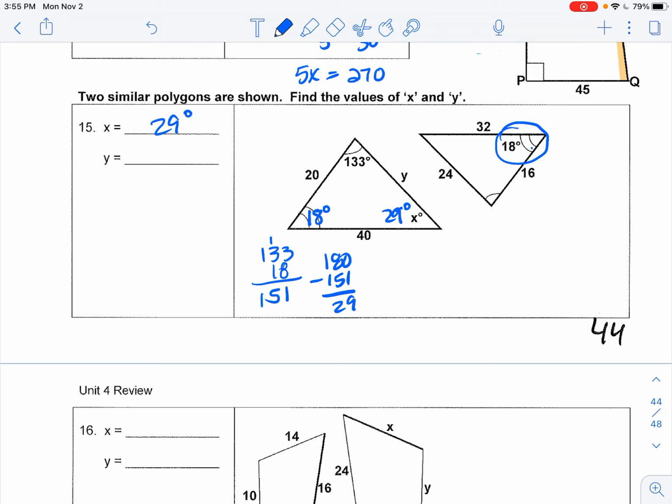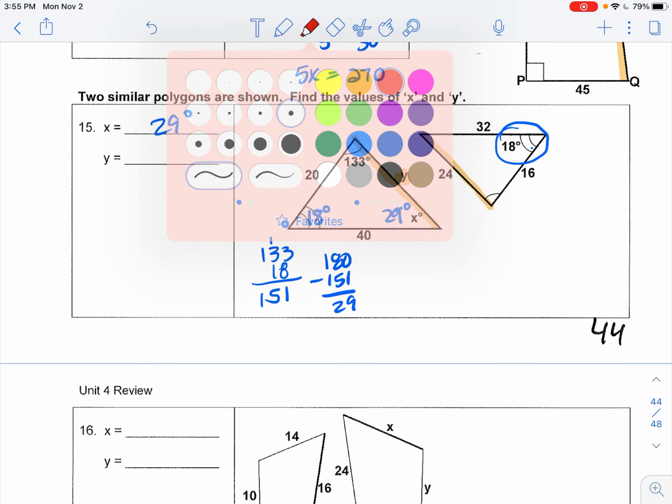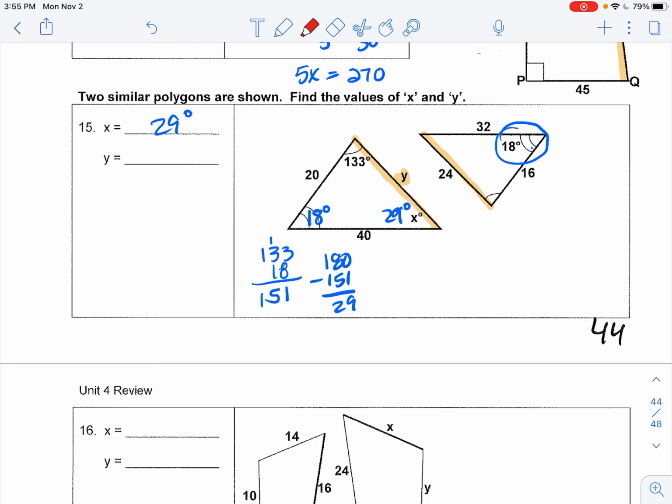Now we need to figure out our ratio. Once again, we're getting bigger. If I'm looking for y, that is going to correspond with this 24. We need one other side because we need to figure out what our ratio is.